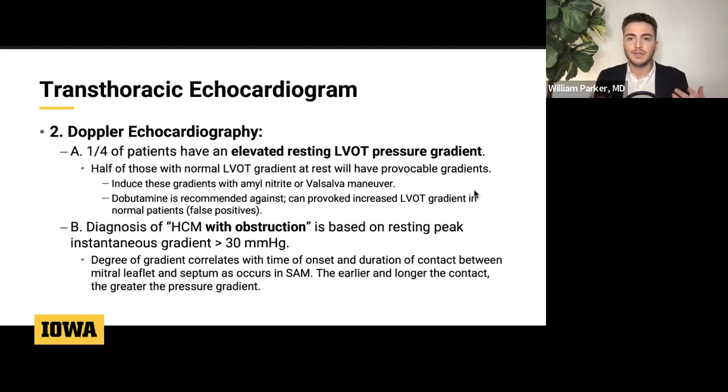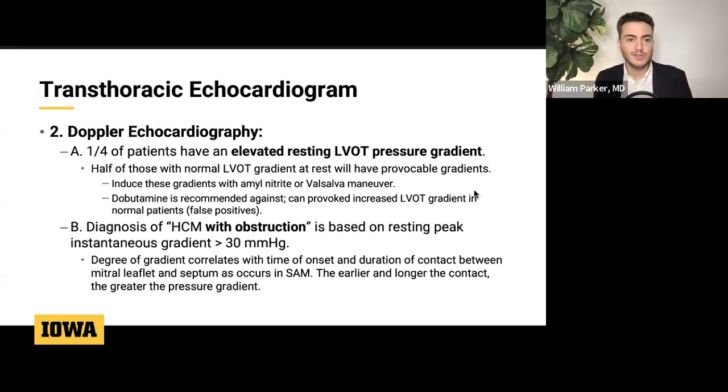And okay, so what does it mean to induce a gradient? You have your probe up against the patient's chest and you have Doppler across the LVOT, and you get a gradient of like 20, not 30, not enough to qualify technically, but it's a pretty big septum, and you feel like you see the systolic anterior motion of the mitral valve. And so you think that there is obstructive disease, even though you can't prove it at rest.